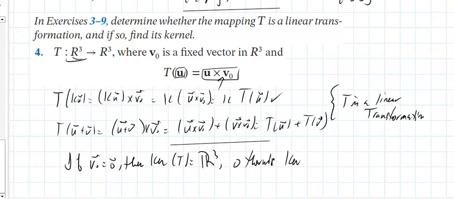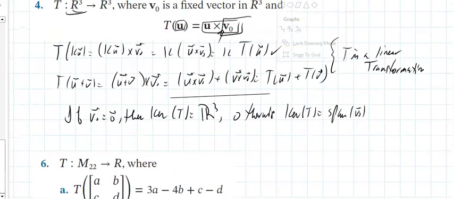Otherwise, the kernel of T would be, okay, these are vectors, the span of V sub 0. All linear combinations of that.